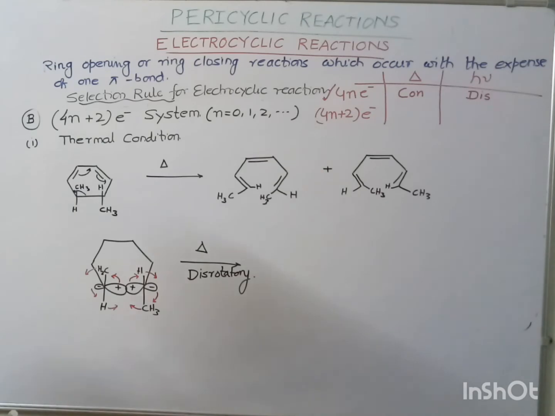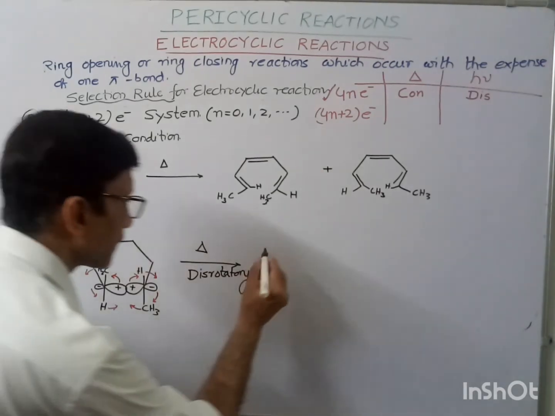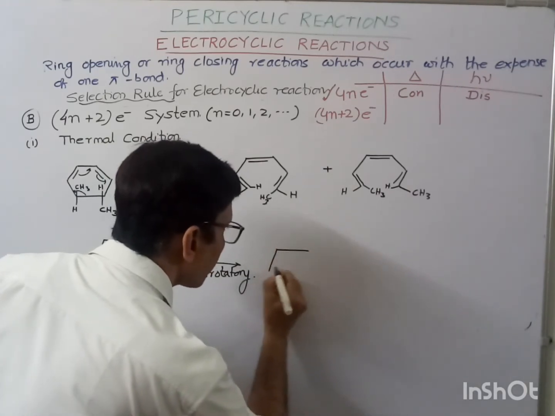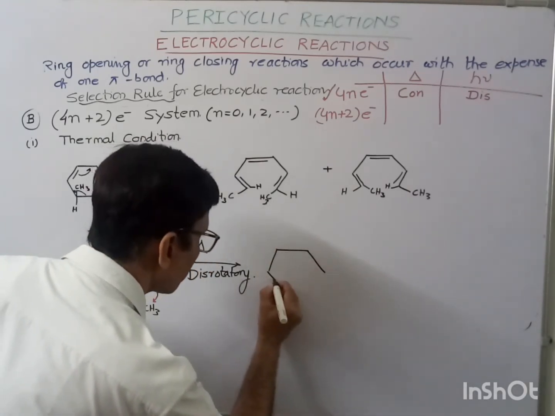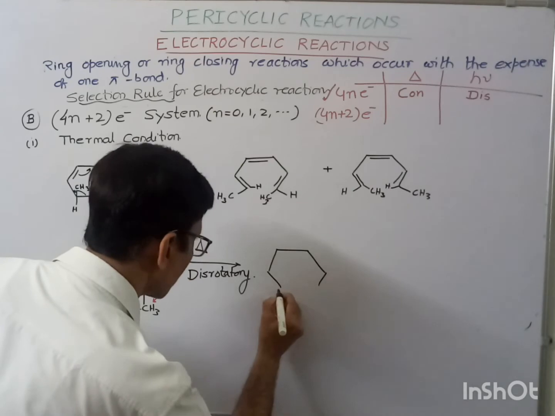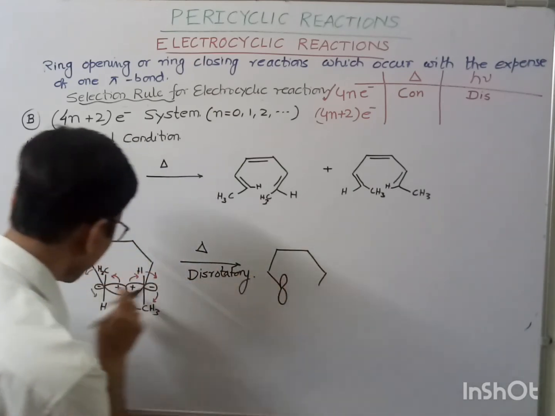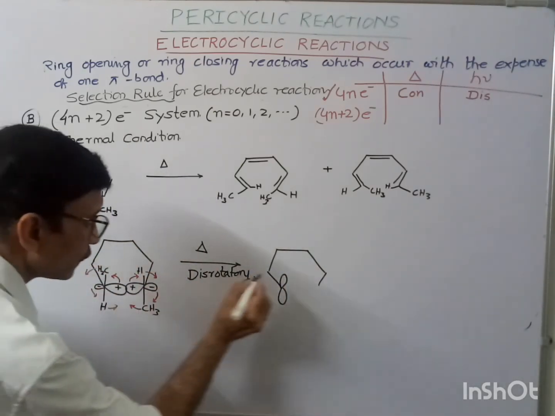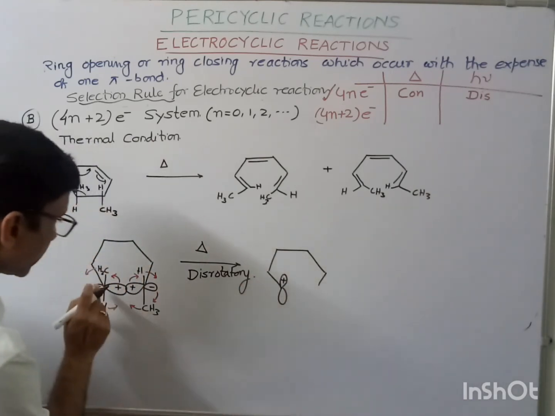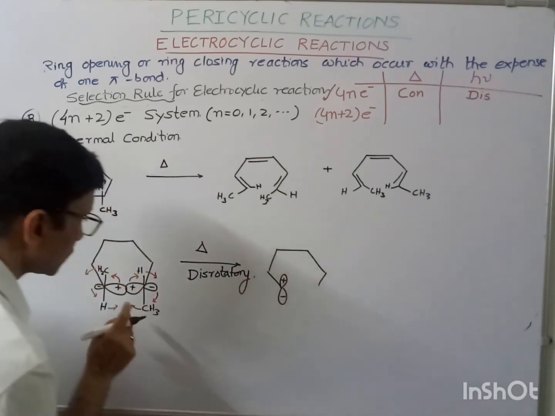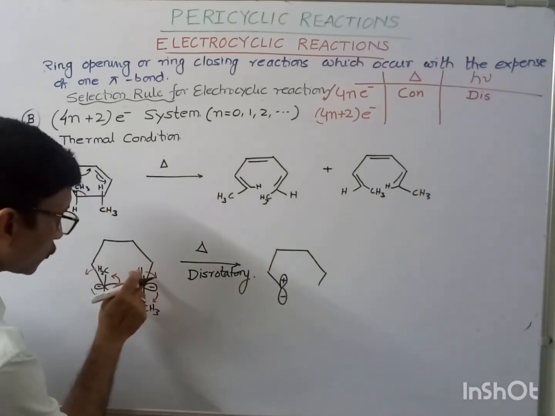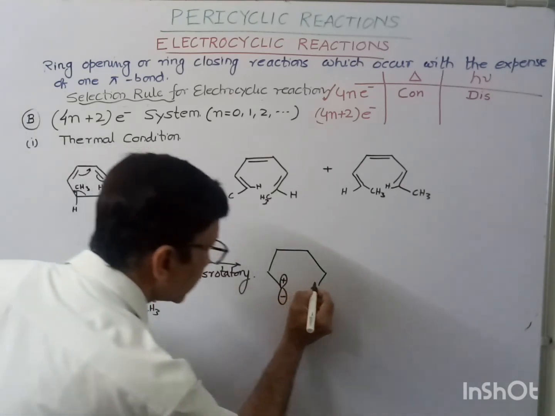So what should the product be? Here this positive lobe will come up, negative lobe is coming down. In this case the positive lobe is going up, negative lobe is coming down.